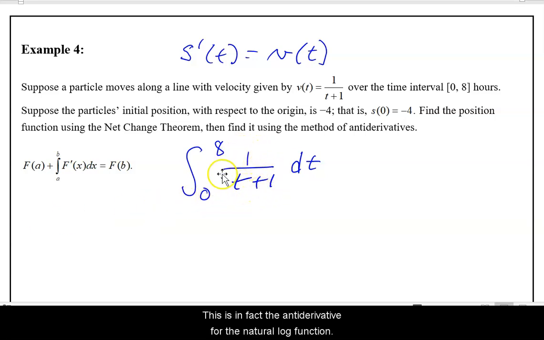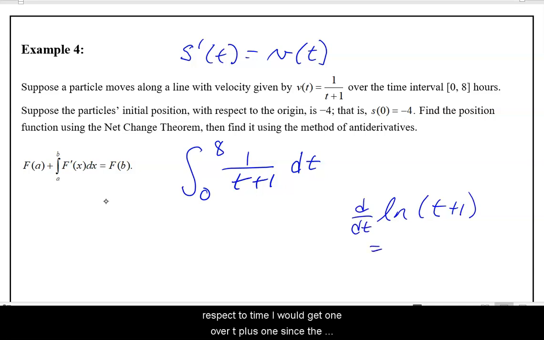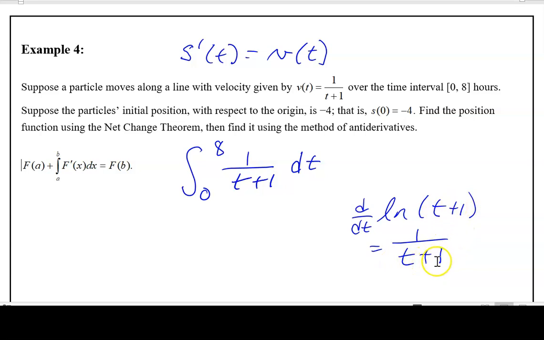This is, in fact, the antiderivative for the natural log function. If I were to think about the natural log of t plus 1, and take the derivative of that with respect to time, I would get 1 over t plus 1, since the derivative of the inside function t plus 1 is just 1.